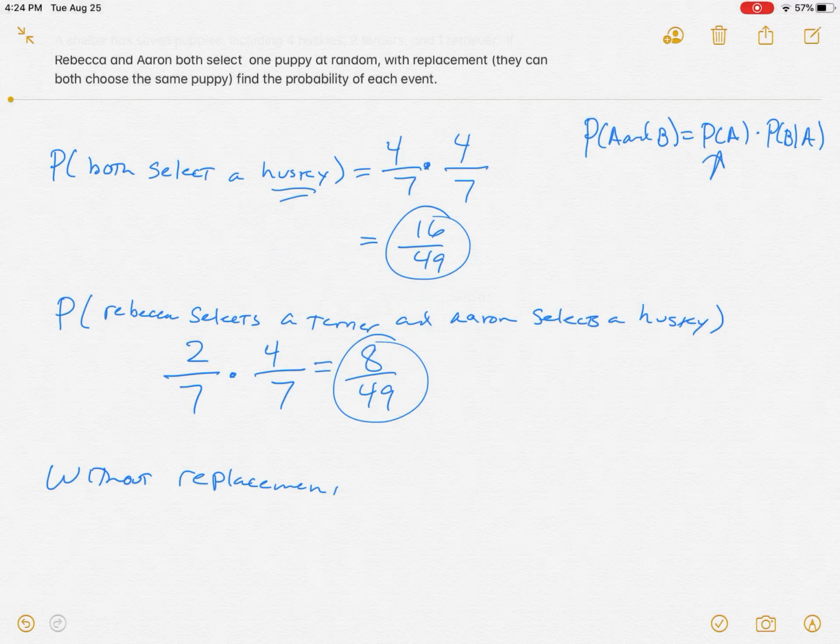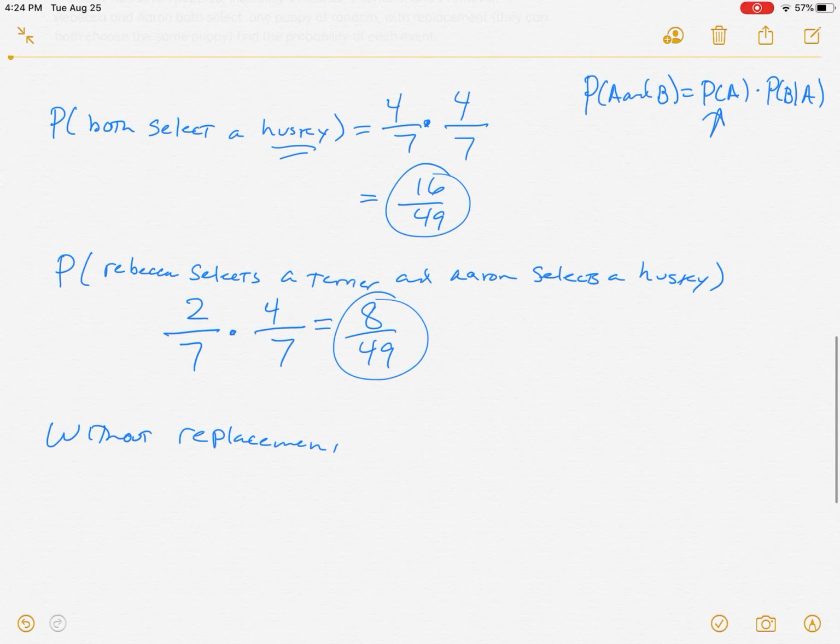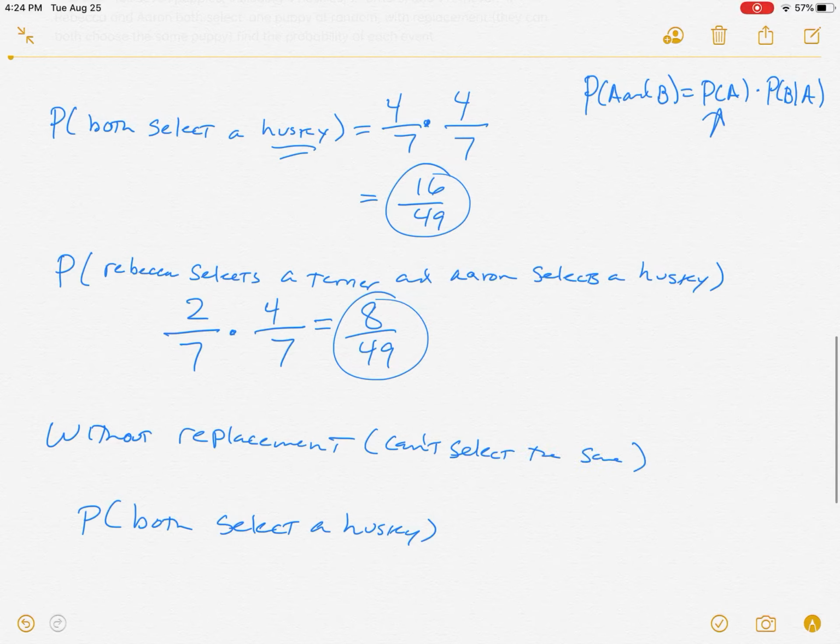So if we answer the same questions without replacement, meaning the probability that they both select a husky, so this definitely means that they can't select the same one. So they walk in and Rebecca goes and she selects a husky. What's the probability of that happening?